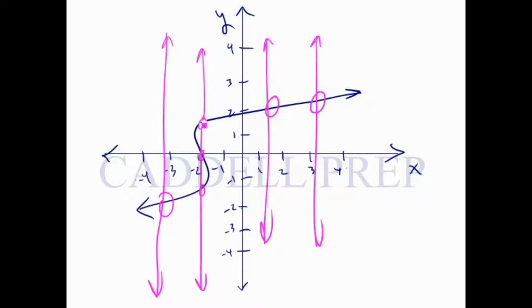So this is not a function. If we drew the vertical line here, it would intersect in 2 spots, here and here. So still, it's not a function because it only has to violate that rule once. And if we test it here, we see 2 spots, that's more than 1. So again, this is not a function.